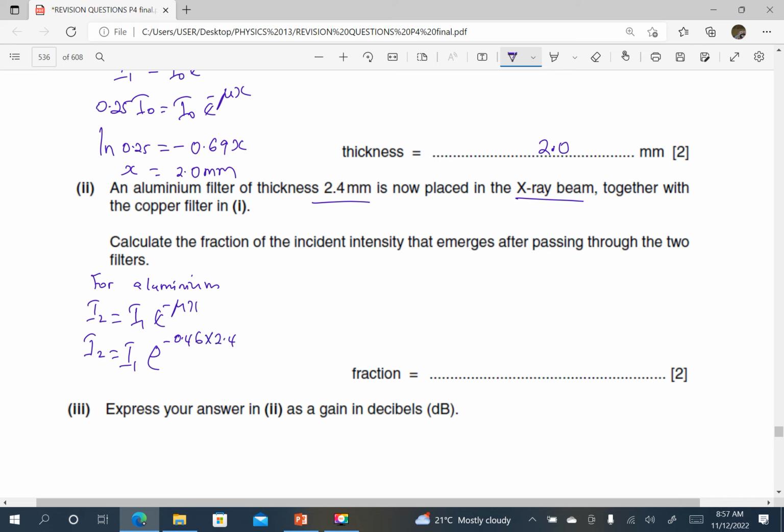This was per millimeter and 2.4 is in millimeters, so I don't convert. So this gives me I2, pressing my calculator here: e power negative 0.46 times 2.4.